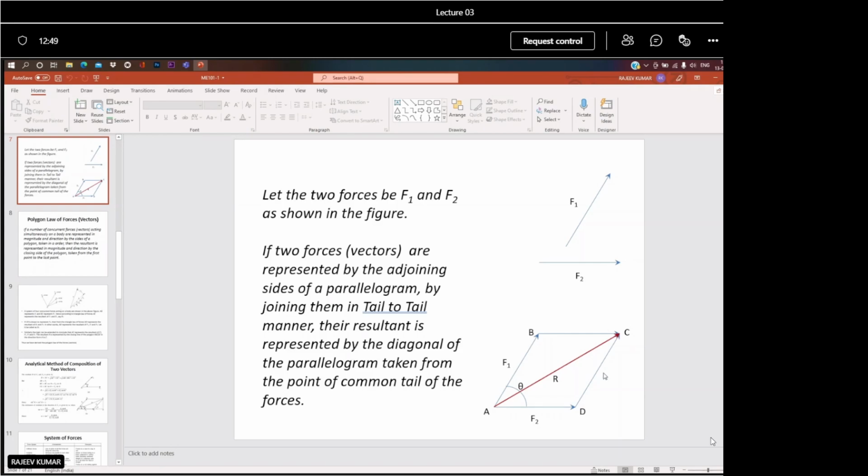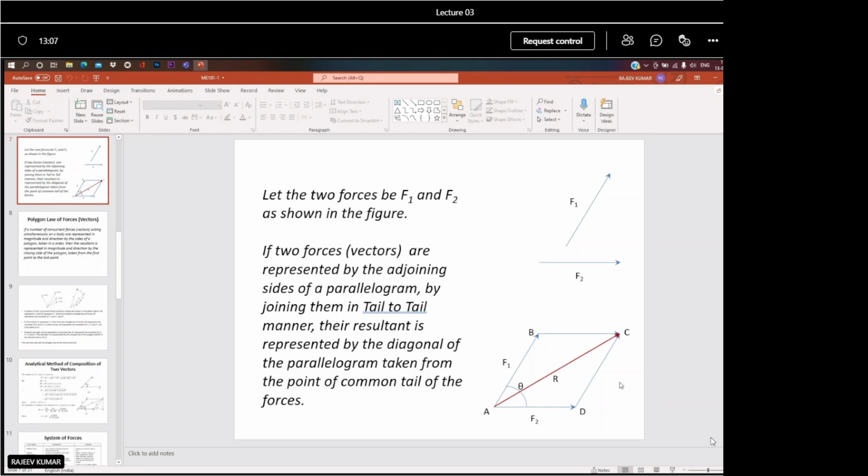Suppose that this AD is F2 and DC is F1, because AB is parallel to CD, so whatever the magnitude of this one will come to CD, and the directions are also both parallel. So this one becomes F1.